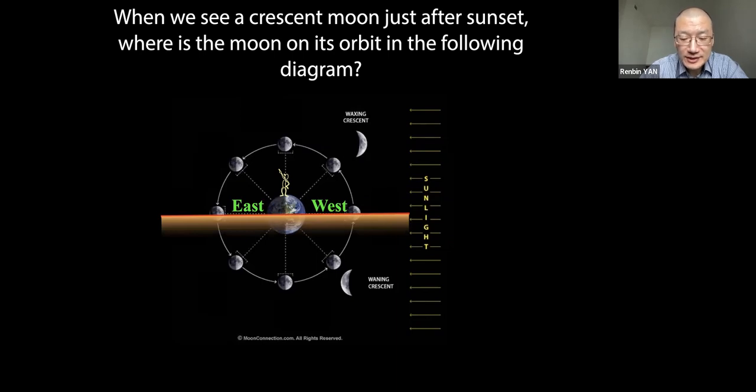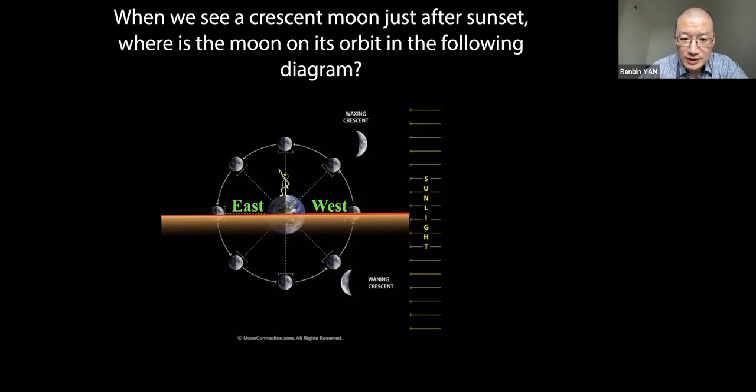When the sunset is happening, the sun has to be on the horizon, because it is going down from above the horizon to below the horizon. So the horizon is aligned with the direction towards the sun, and it has to be in the west, so this side is west. That means the person is standing on this side of the earth, and the sun in the west is going below the horizon.